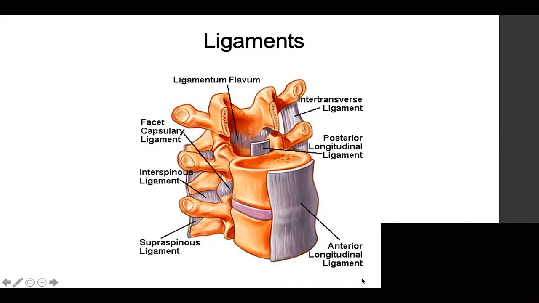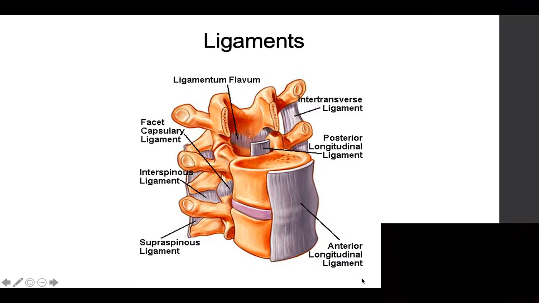So for this, ligaments. Basically, I just want you to know that your spine has tons and tons of ligaments. You don't need to memorize any of these ligaments, but you need to know you have ligaments in your spine.